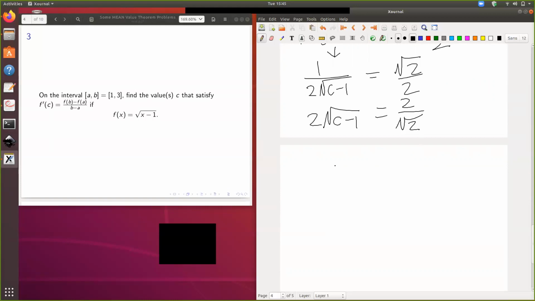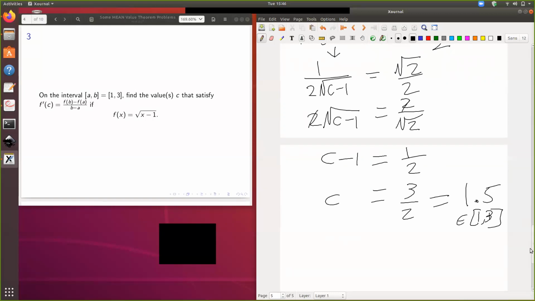Now, divide both sides by 2 and square everything. 2 steps in 1. We'll get c minus 1 is equal to, divide these 2's first and then square, 1 over 2. Then add the 1 and we'll get c is equal to 3/2, which is 1.5, which is definitely in our interval from 1 to 3.